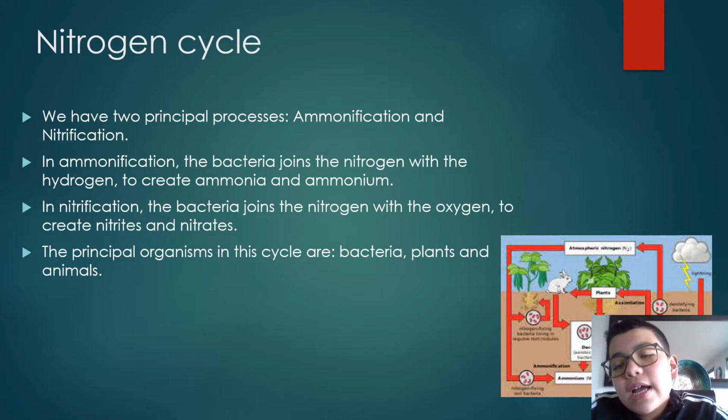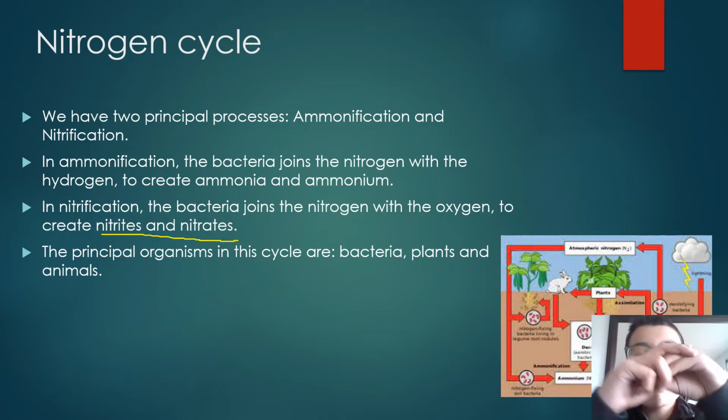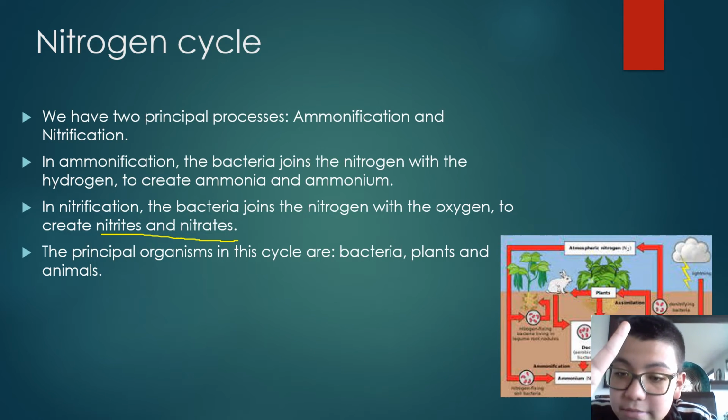Now we can have nitrates and nitrites, like you can see here. Now we have three important organisms in this cycle. Remember them: the bacteria, the plants, and the animals.